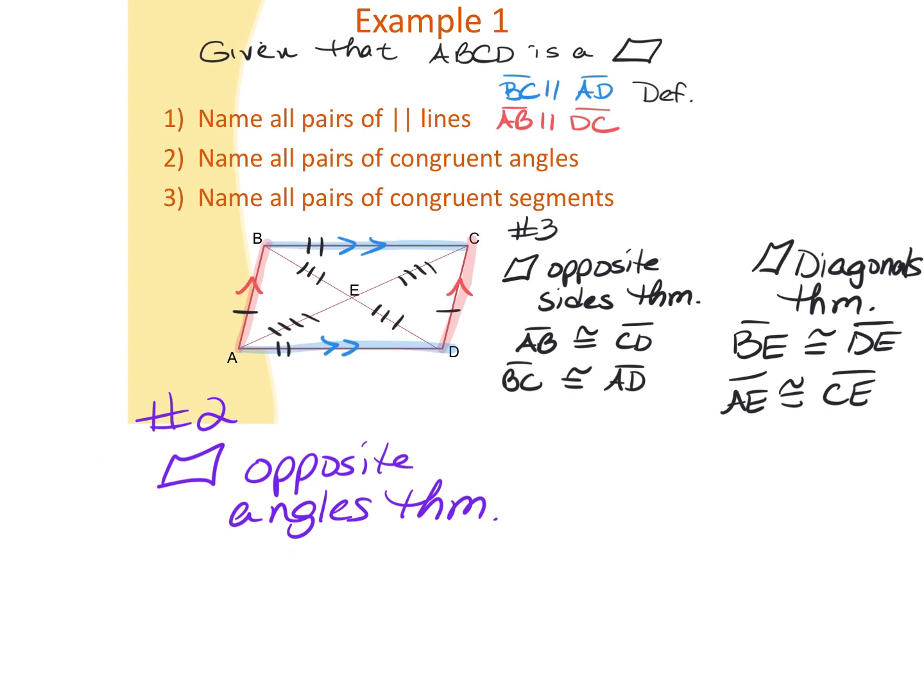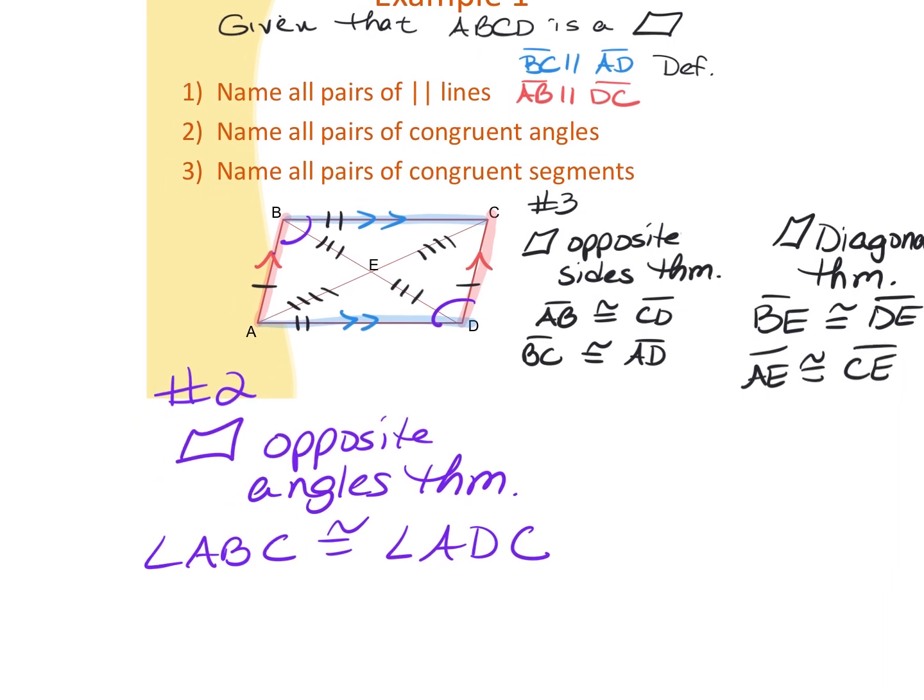So I can show that this angle up here, ABC, is congruent to this one down here, and this could be ADC. This is using the opposite angles theorem.